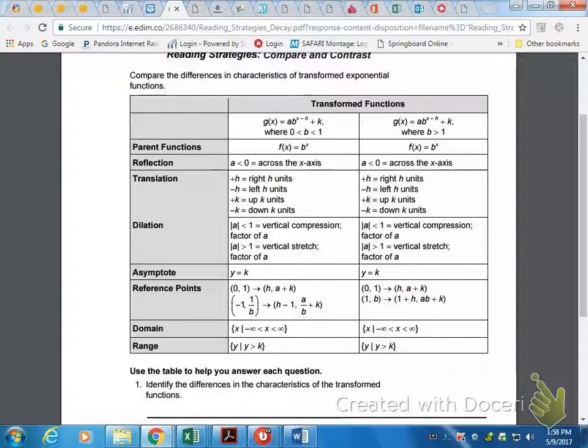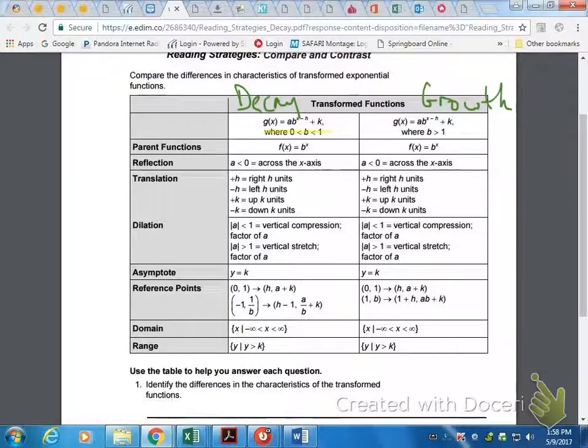Your first column is the decay. And your second column is the growth, which you just finished doing. Now, remember that decay is when your B is less than 1 but greater than 0, whereas in growth, the B is greater than 1.